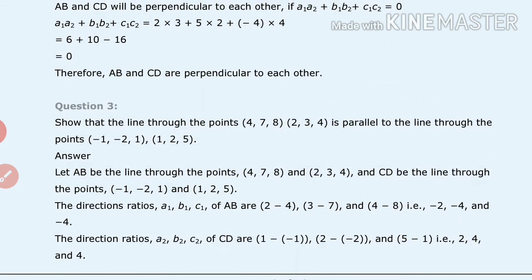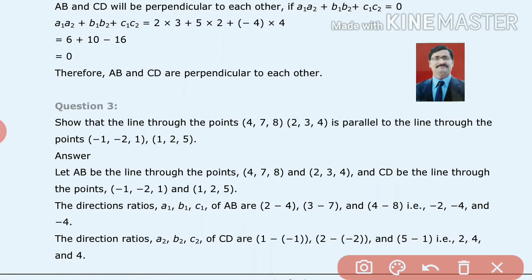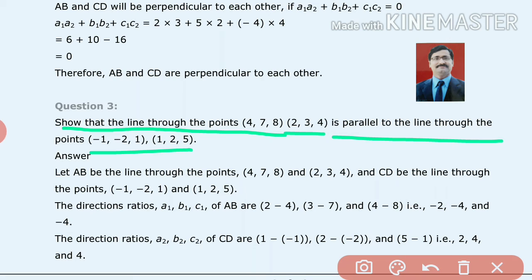Now question number three, you can see: show that the line through the points (4, 7, 8) and (2, 3, 4) is parallel to the line through the points (-1, -2, 1) and (1, 2, 5).